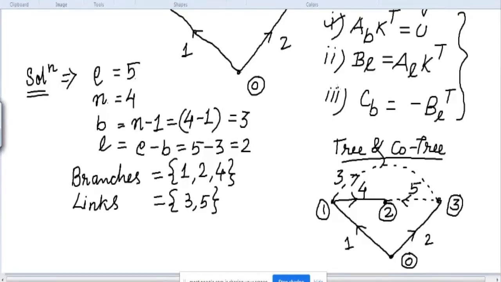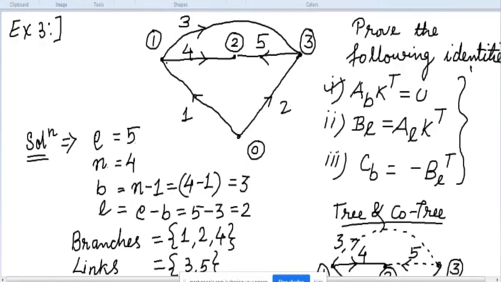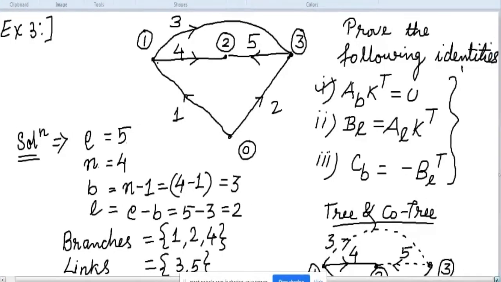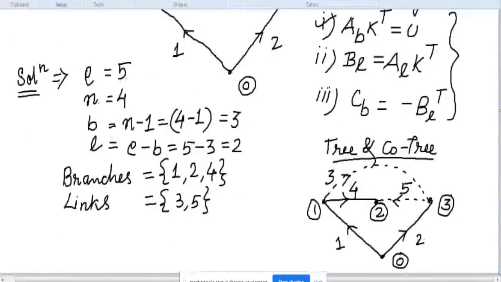Then we were supposed to identify the location of the branches and the links in the problem. So we did identify the location of the branches and the links. We have already stated the conditions for identifying the elements of a given graph as branches and links, and we will repeat the condition once again. The first condition is that while selecting a branch in a tree, all the nodes should be present, and at the same time there should be no closed path.